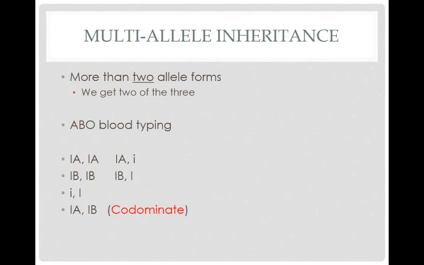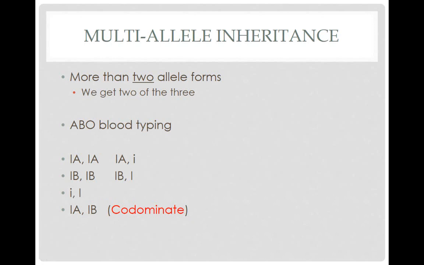Now, multiple allele inheritance is another one where there are more than two allele forms, and we each receive two of these, but this is seen with ABO blood typing. Okay, and so what we see here is the capital I with A, and the capital I with B, and B is the codominant. And the lowercase i is recessive.